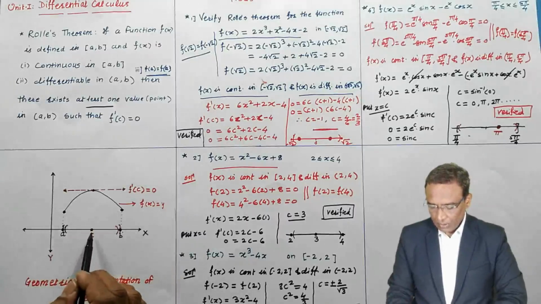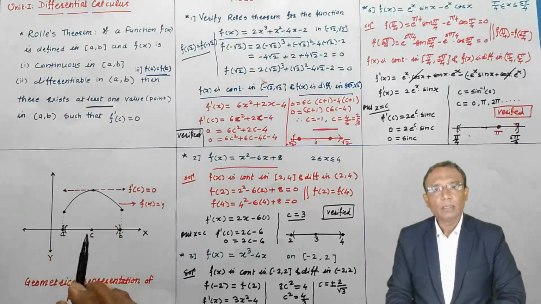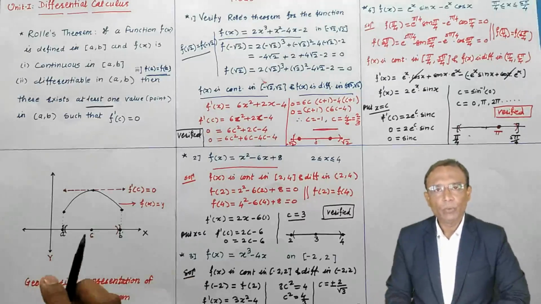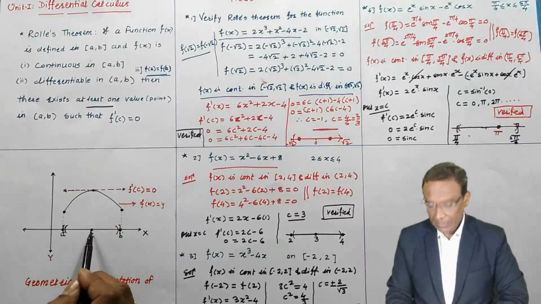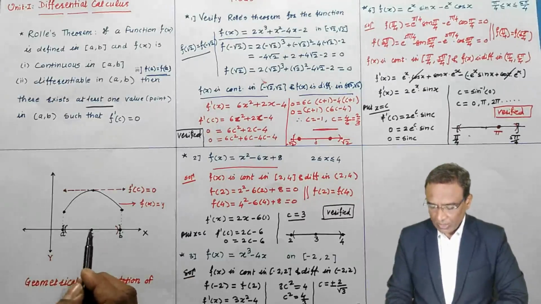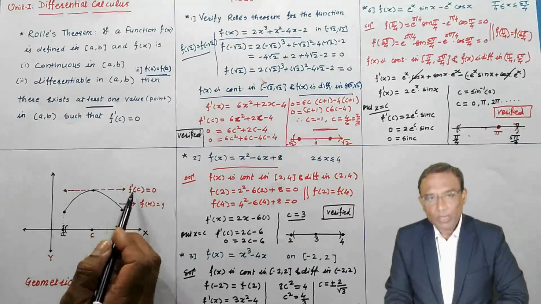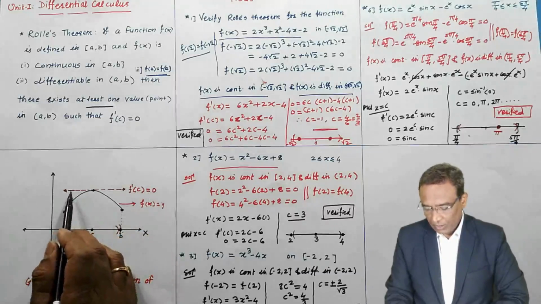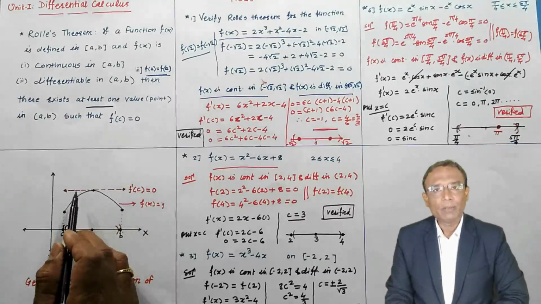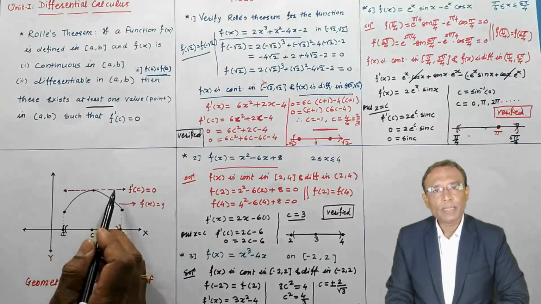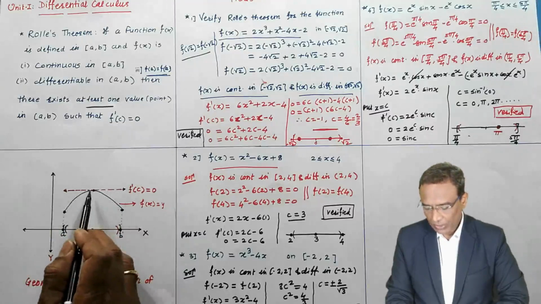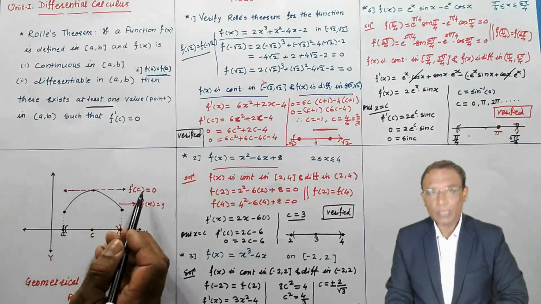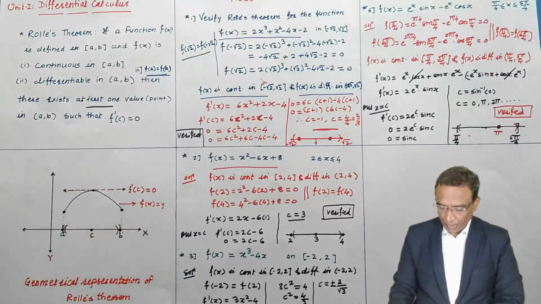And c is a point somewhere in between a and b, in the open interval, such that the derivative of the function at x equal to c is 0. Derivative geometrically is the slope of the tangent to the curve, so the slope of the tangent to the curve at x equal to c is 0.